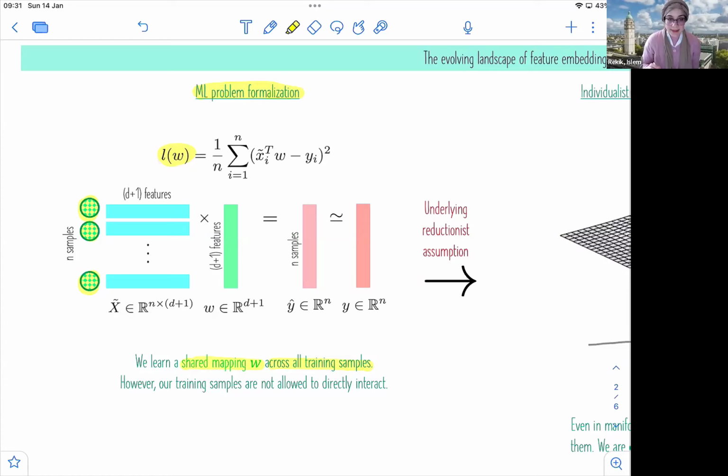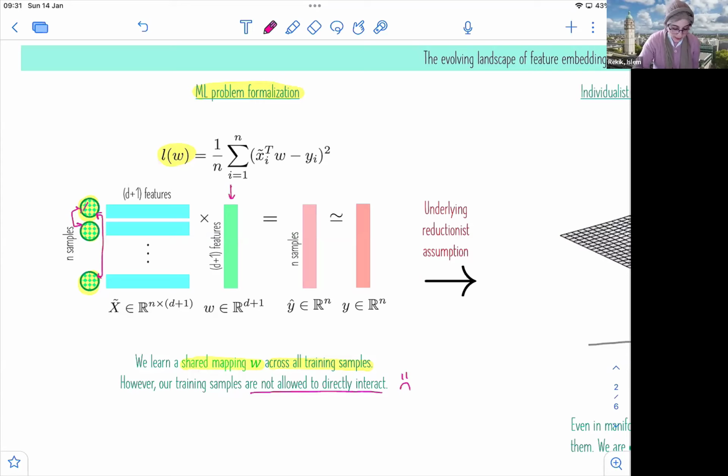However, these training samples right here are not allowed to directly interact. So this is a drawback, which means I'm learning this mapping, but I'm not considering the similarity or the relationship between these points.